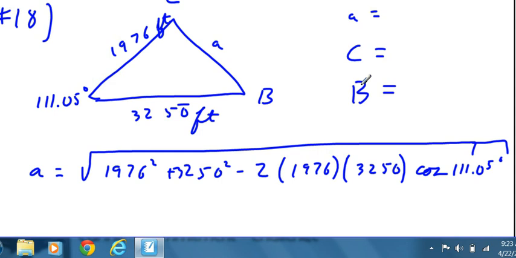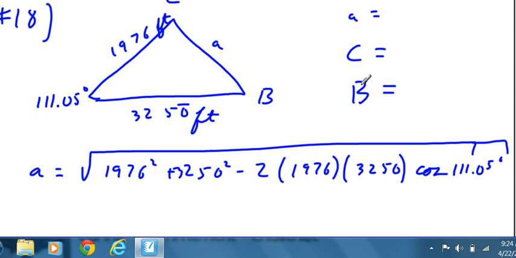Okay, now assuming I can put it in my calculator without making a mistake: 1976 squared plus 3250 squared minus 2 times 1976 times 3250 times cosine 111.05.